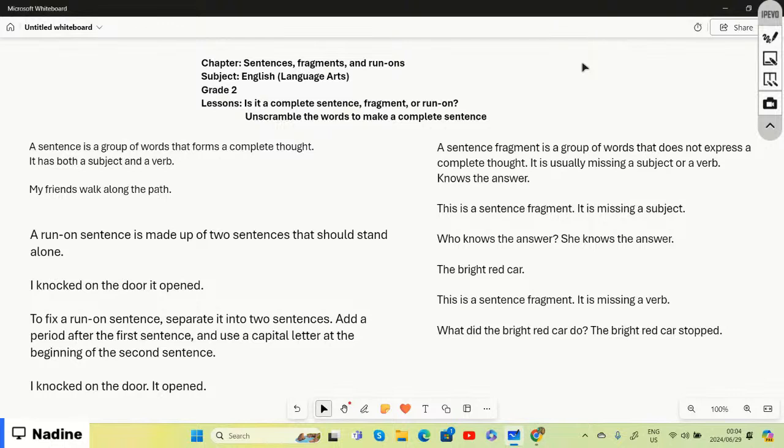And then the lessons that we are going to be focusing on under this chapter: the first lesson is, is it a complete sentence, fragment, or a run-on? And to unscramble the words to make a complete sentence.